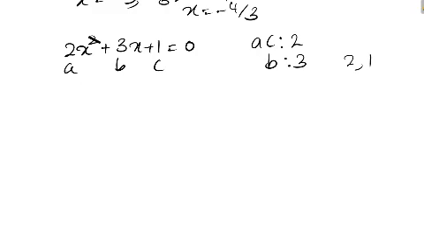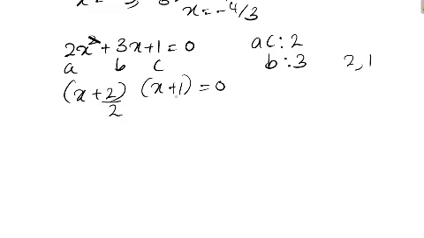If the coefficient was 1, we could write x plus 2 into x plus 1 is equal to 0. Here the coefficient is not 1, so we have to divide these numbers by 2. Then 2 divided by 2 is 1, so x plus 1 into, like the previous question, 2x plus 1.